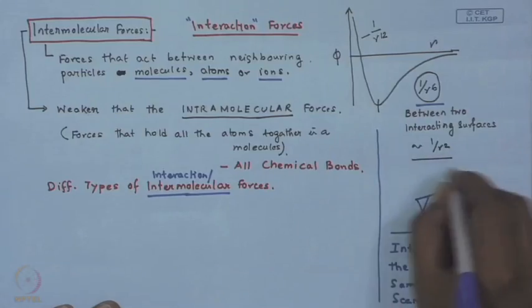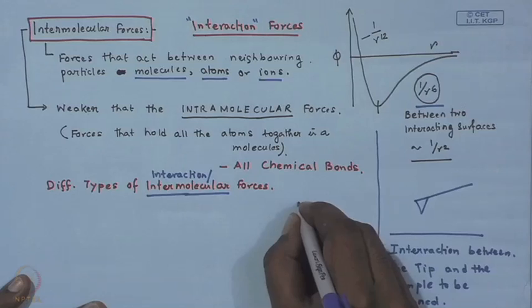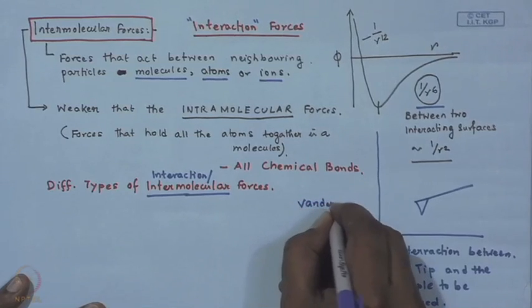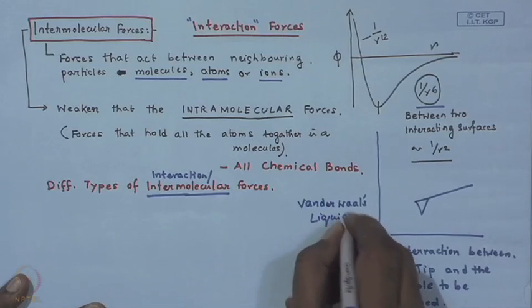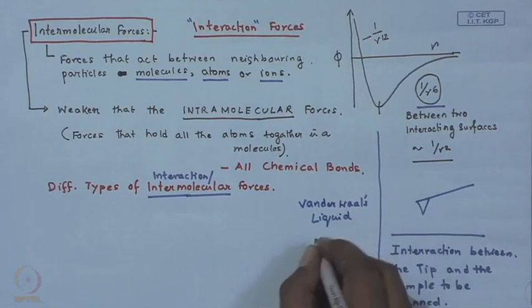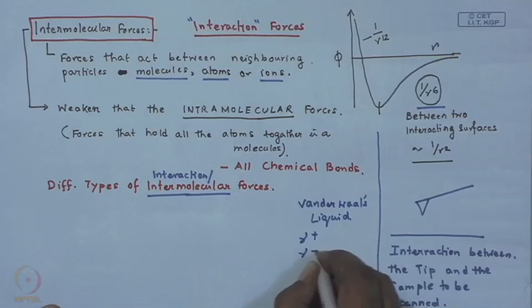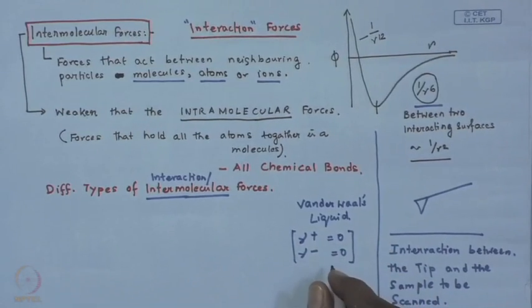Okay. So, we talked about what is a van der Waals liquid, and we argued that it is a liquid which does not have any polarity. So, gamma plus, if you may recall, so what we argued was that both the gamma plus and gamma minus components are 0 for this specific liquid, and therefore the gamma AB component is 0.